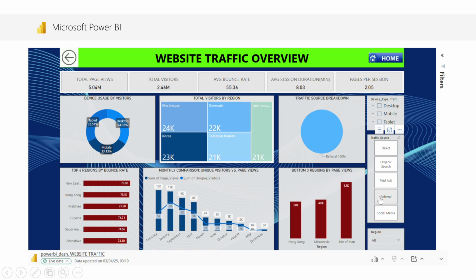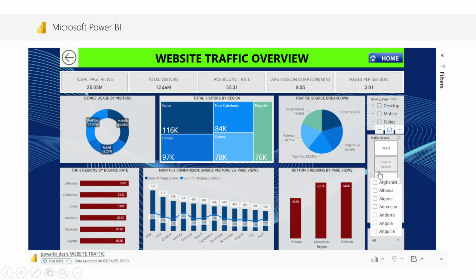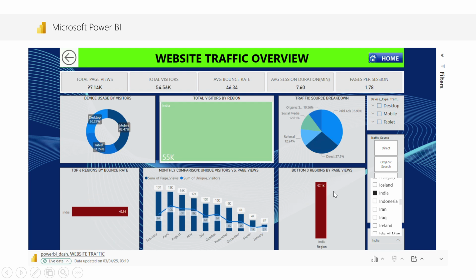And then suppose we scroll down and take a region to analyze the digital marketing performance, let's say India. Here we have total visitors, 55,000 people.